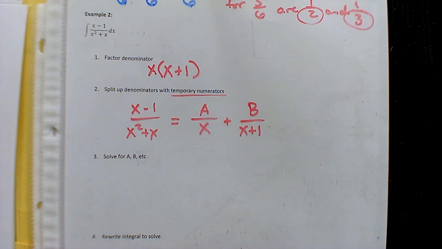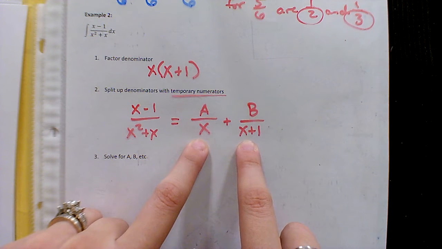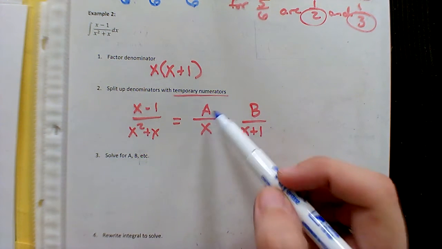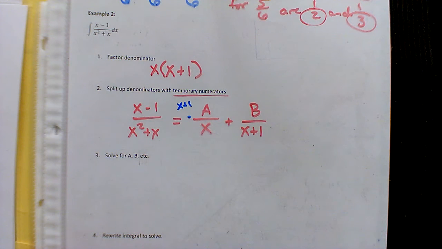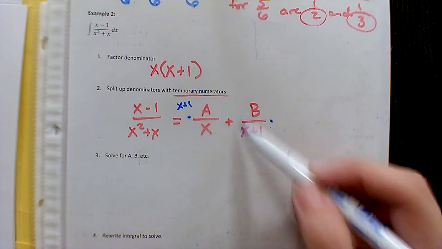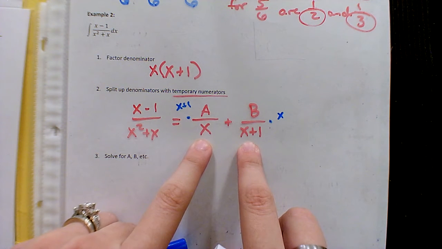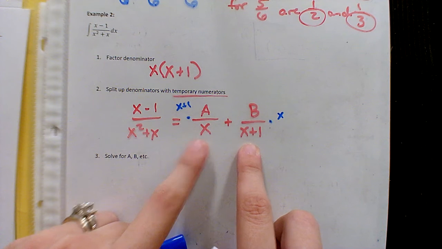Okay, so what we're going to try to do is think about if we were to actually add these two fractions together to get this one, we would have to take this first fraction times x plus 1 on top and bottom, and the second fraction times x on top and bottom. That way the denominators would be common, just like the number example we did.